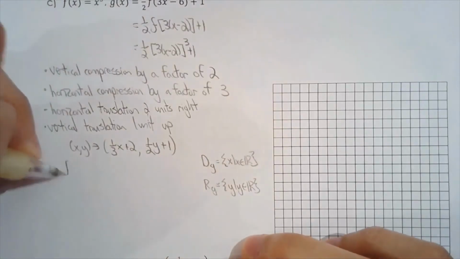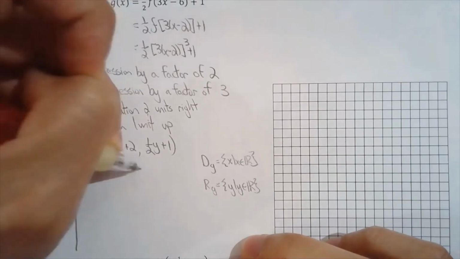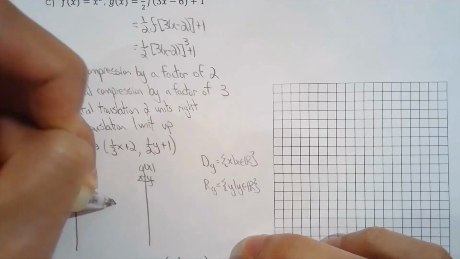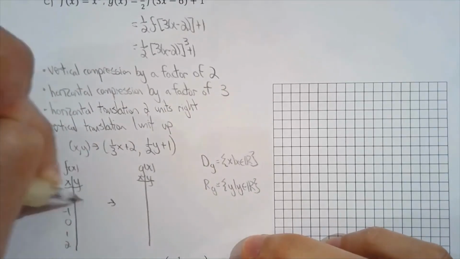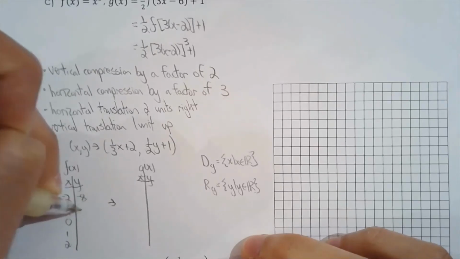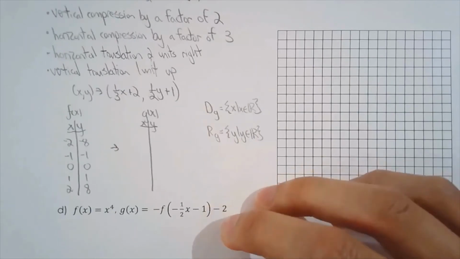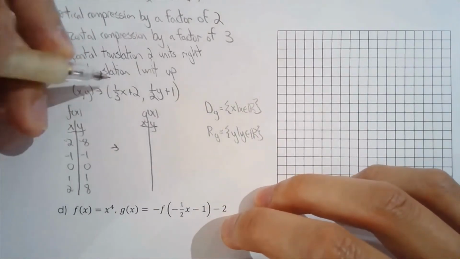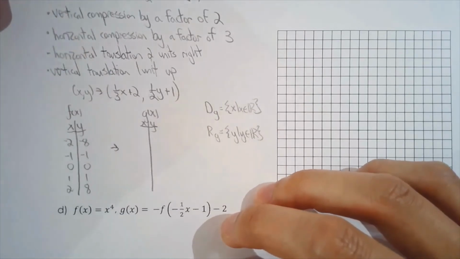So, the points for f of x and the points for g of x. So this cubic, so -2, -1, 0, 1, 2 for x, and -8, -1, 0, 1, 8 for y. All right, so let's see. -2/3 plus 2 would be 4/3.